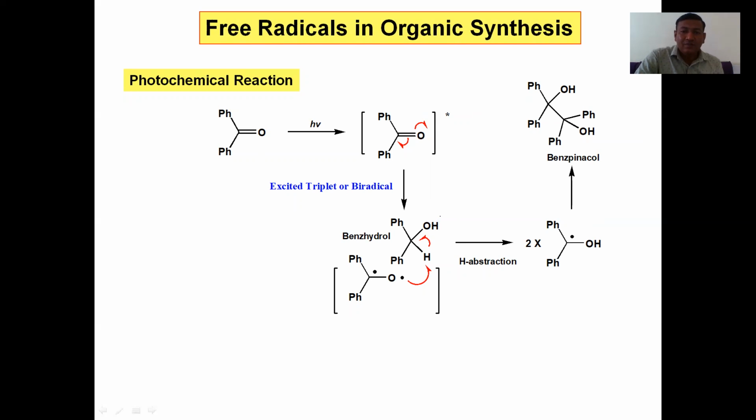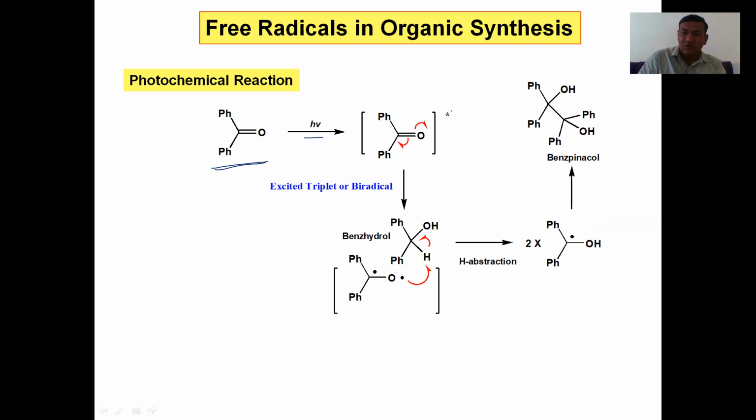Again, we'll discuss a very important and well-known reaction for all of us, which is the pinacol-pinacolone rearrangement, right? So we have benzophenone, and benzophenone is a very good initiator. If we have benzophenone in presence of light, there will be excitation.